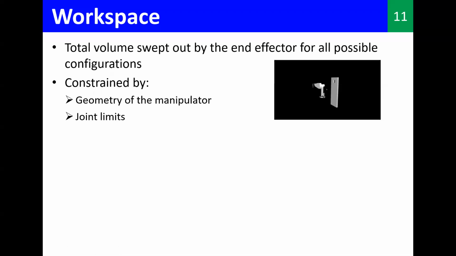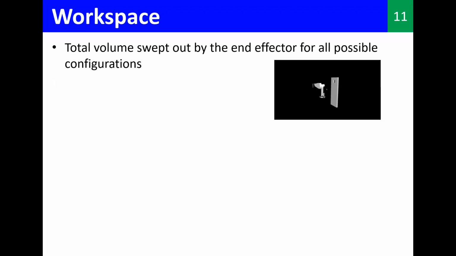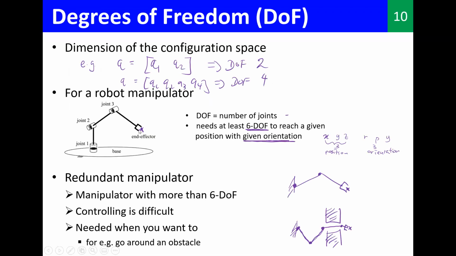Okay, so we have looked at the robot manipulator from the viewpoint of the joints, right? But now we will look at it from the 3D viewpoint of the whole manipulator, right? If you take the end effector for each configuration, let's say I have pi over 2, pi over 2, and 1, then the end effector will end up somewhere, right?